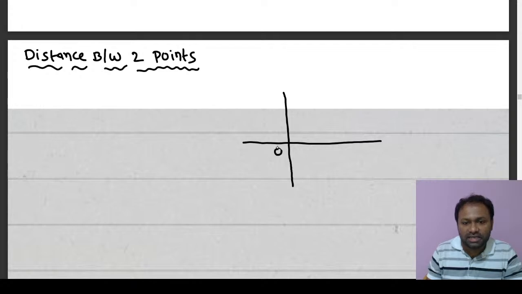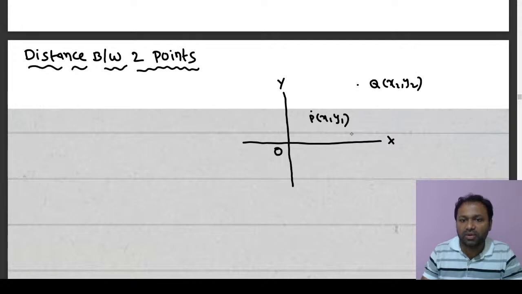This is the origin, this is the x-axis and this is the y-axis. Here, for the distance between two points, I take one point (x1, y1) and another point (x2, y2).